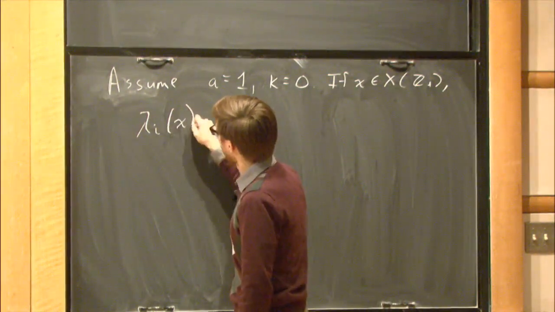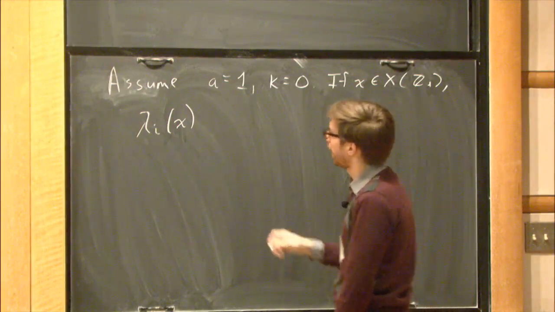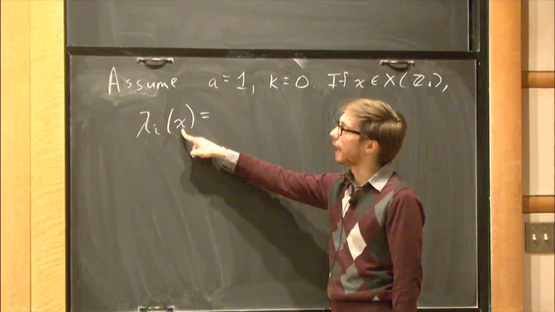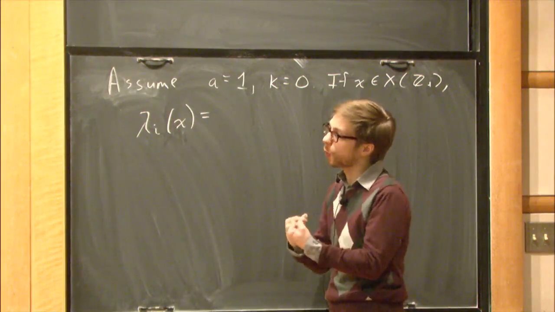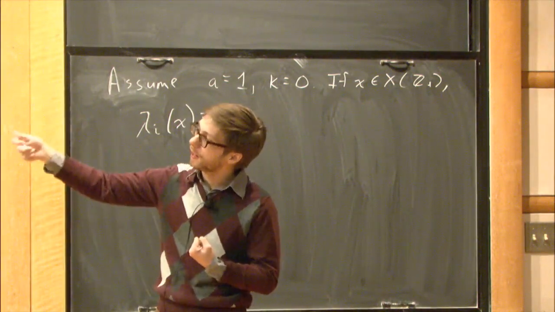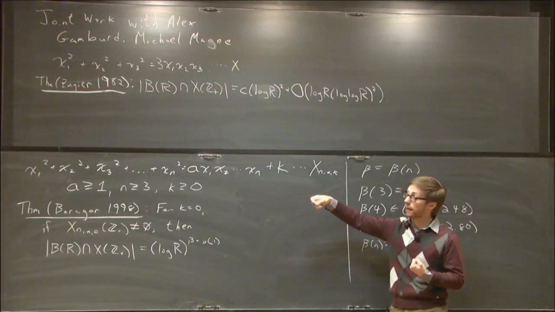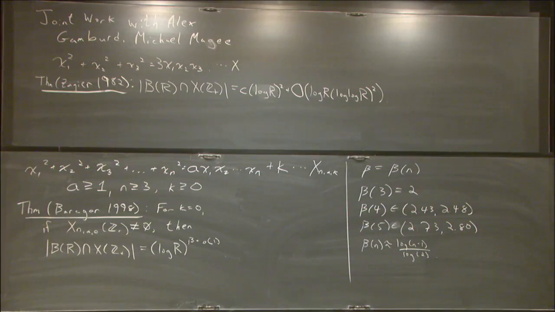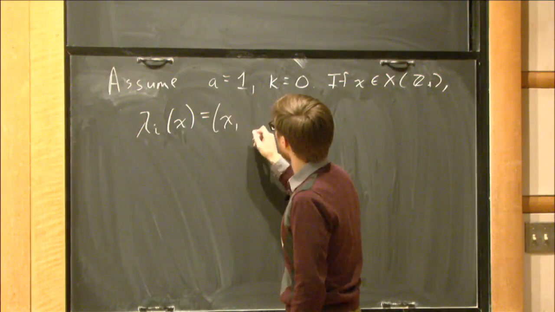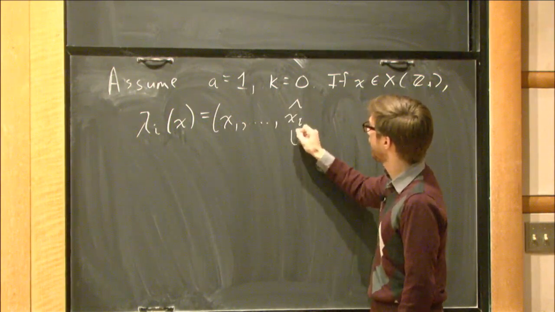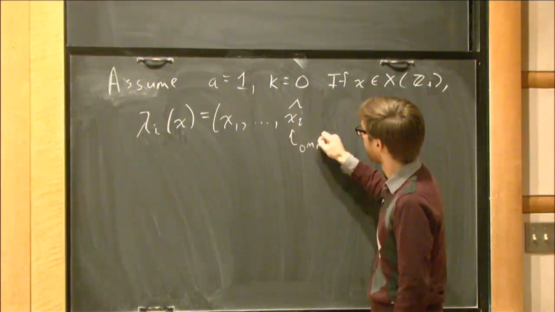then if I put x into this map that I'll call lambda i, what this does is it removes the ith coordinate and it replaces it with the new coordinate that you would get by viewing the Markov-Hurwitz equation as a quadratic in xi. So let's say we have x1, that stays the same. I remove the ith coordinate, so that notation means I omit that coordinate.